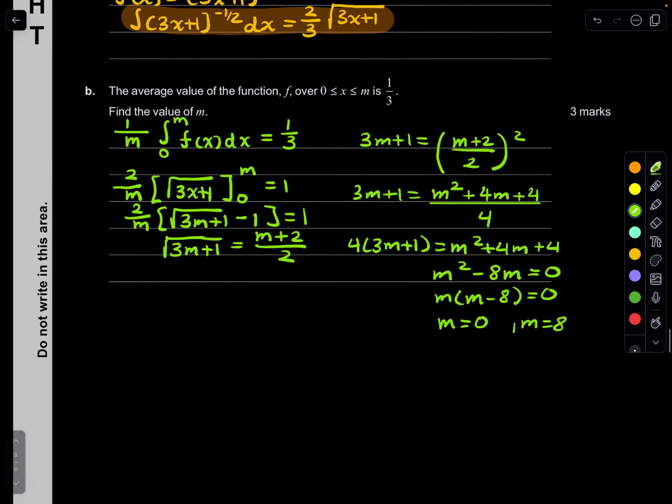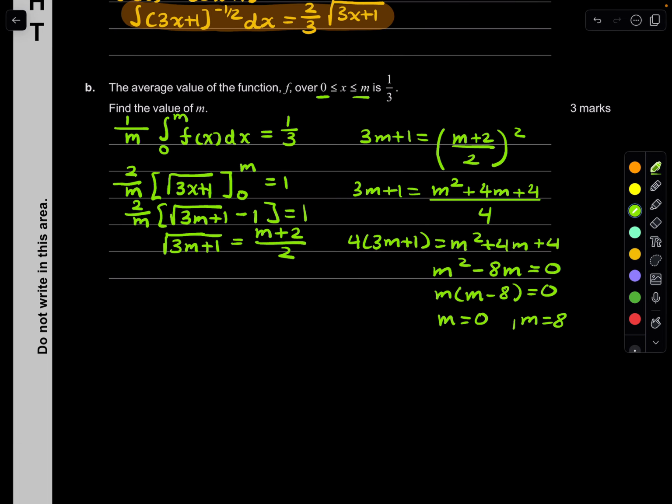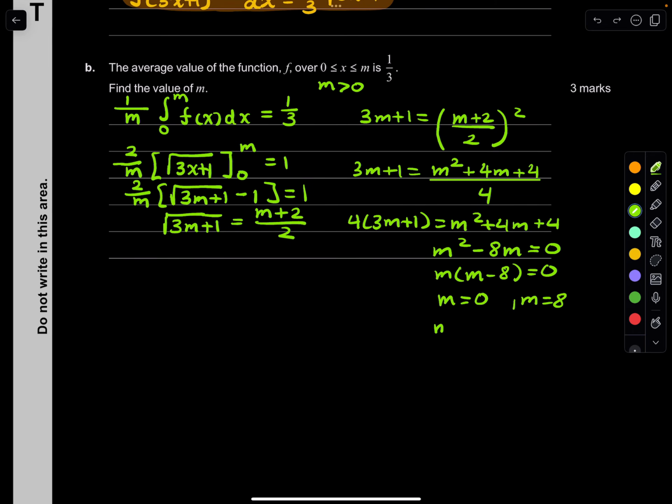Makes sense, because we're going from 0 to m, where m has to be greater than 0. If you're going from 0 to m, 0 is already included. It has to be a number that's greater than 0. Reject this one here. So your only answer has to be this one over here.